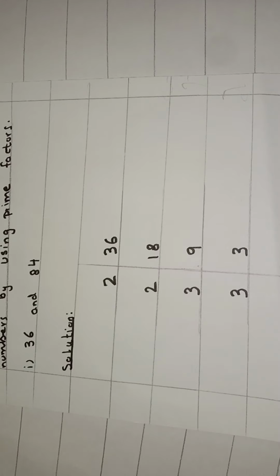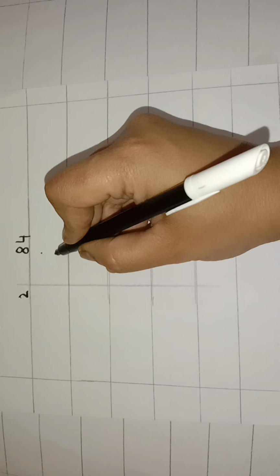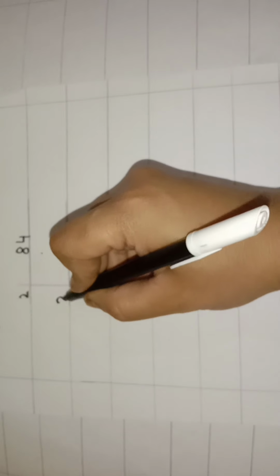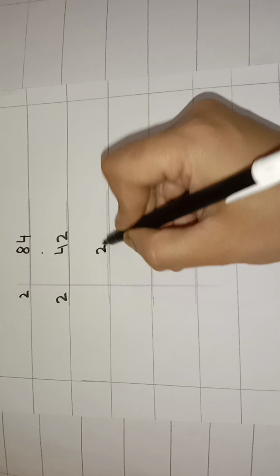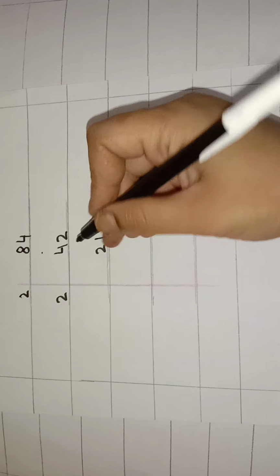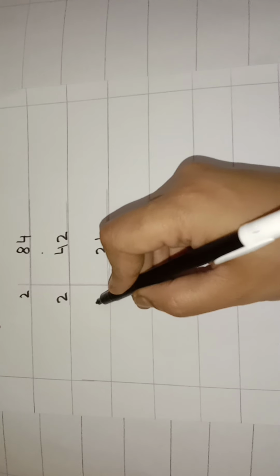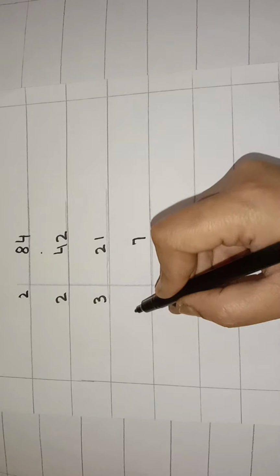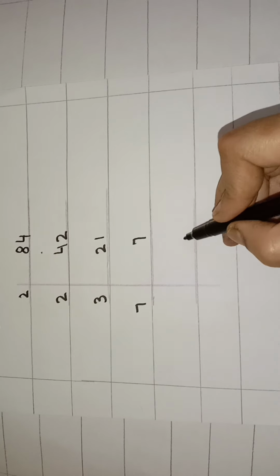Let's find the factors of 84. The last digit is even, so we will start with 2. 2 fours are 8, 2 twos are 4, 2 twos are 4, 2 ones are 2. 2 twenty-ones are 42. 3 sevens are 21. 7 ones are 7. That's all.